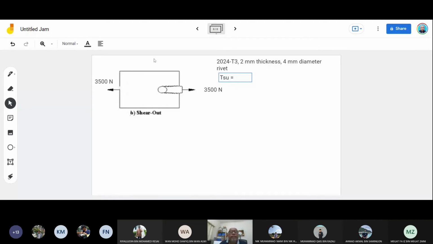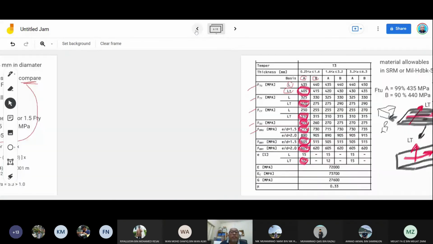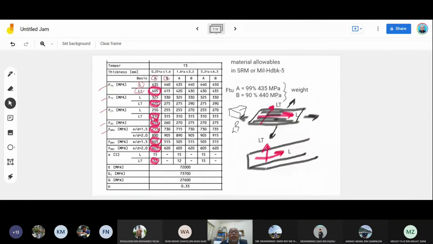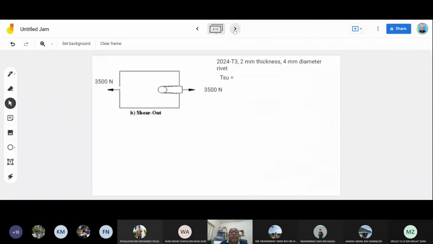Okay, we look at the table. FSU is 255 mega Pascal. That is the shear stress. Okay, now you have to calculate the stress.